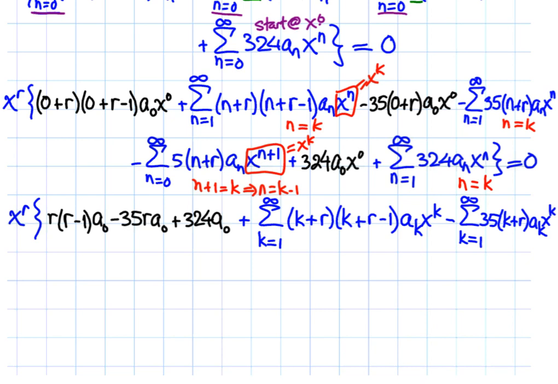Next series, that needs to change. N equal to 0, n is k minus 1, so k minus 1 equal to 0, so k equal to 1.